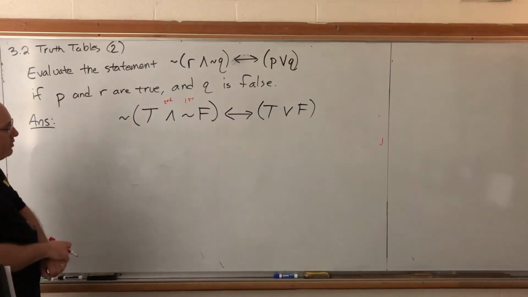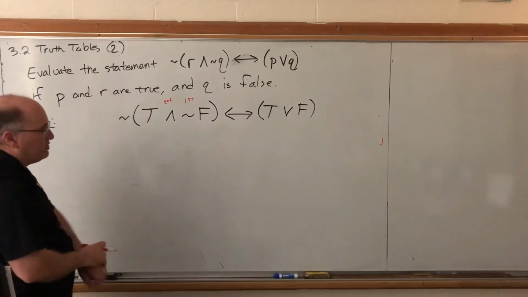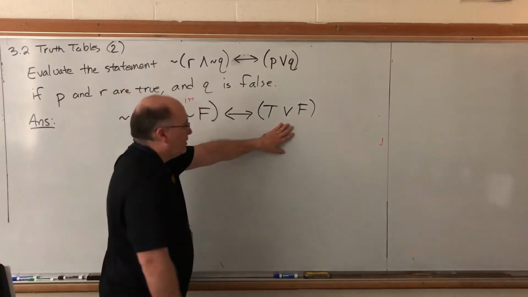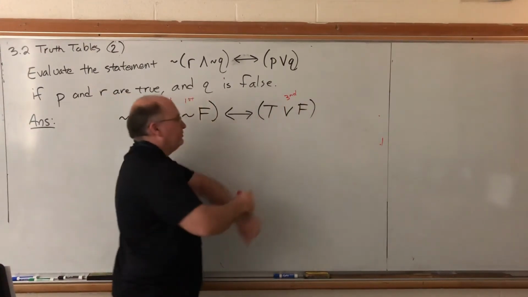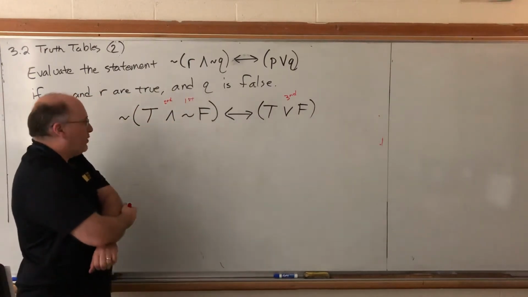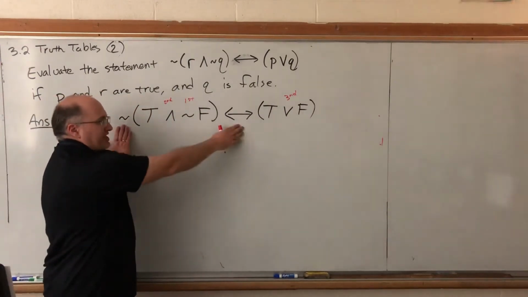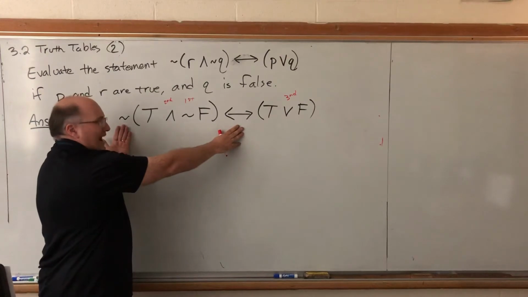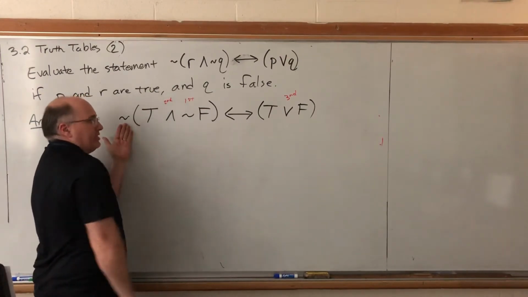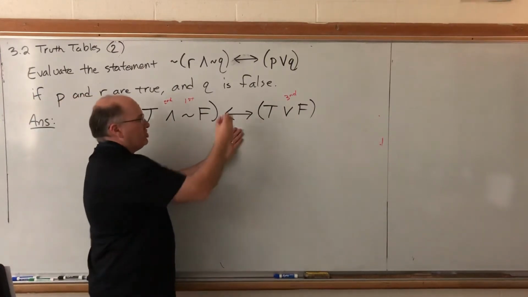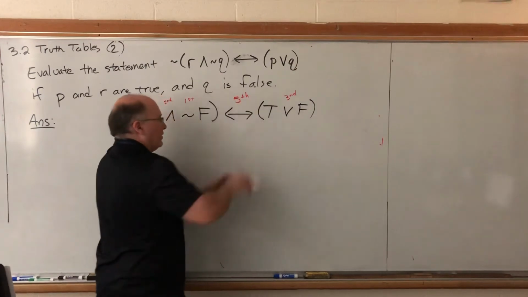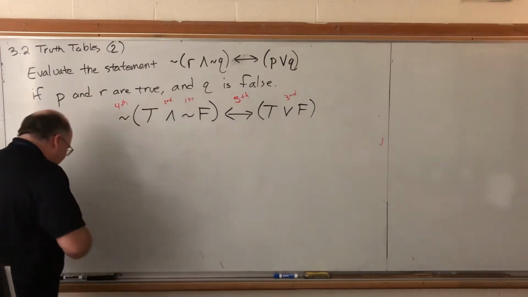That finishes that parentheses, but we still have this one over here. There's only one connective in it, so it's going to happen next, third. That finishes both parentheses, leaving a negation and a biconditional. In the hierarchy of logical connectives, negation takes precedence. So it will be fourth, and then last is biconditional. So that's the order in which we're going to evaluate it.